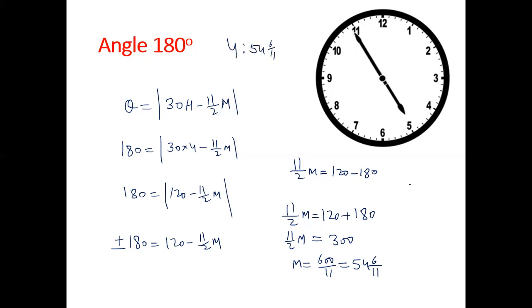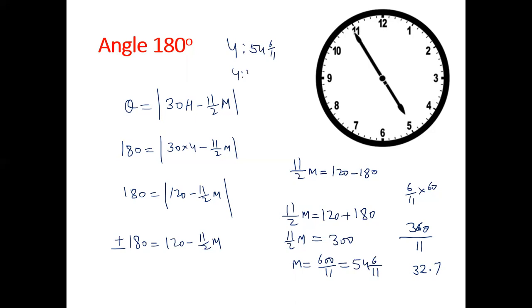If you want to convert this 6 by 11 into seconds, multiply by 60. So that gives you 360 by 11, which is 32.76.